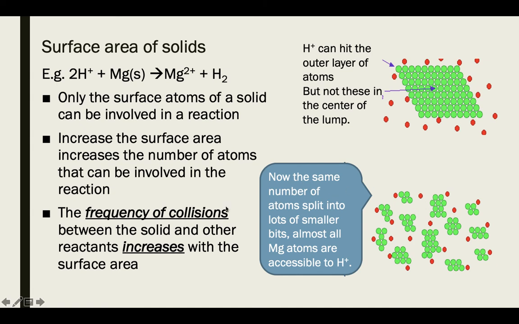And so the frequency of collisions between the solid and the other reactants increases. Yeah? So when you have a big solid, the atoms within the solid are not participating in the reaction until the surface atoms have reacted. But by breaking it down, all the atoms can have collisions and potentially lead to successful collisions.